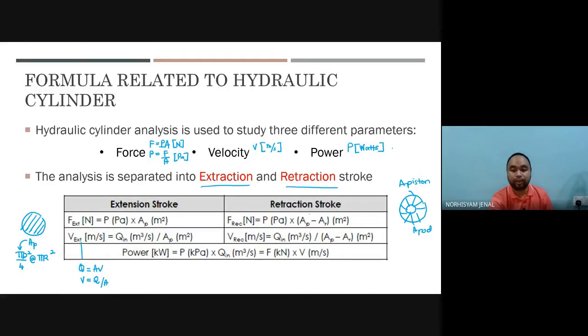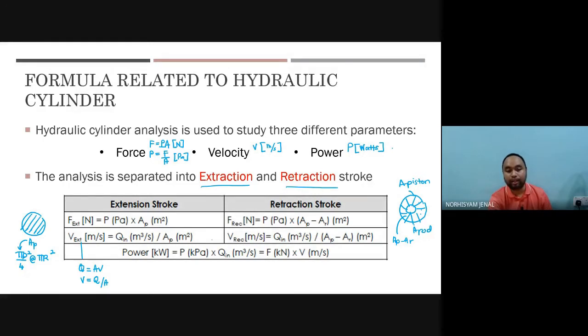The different part for the retraction stroke is the same equation, but instead of A piston, we have to minus the area for rod, so AP minus AR will provide you with this area. So V can also be found using Q divided by AP minus AR. We use a different area here, so this area will not be the same.